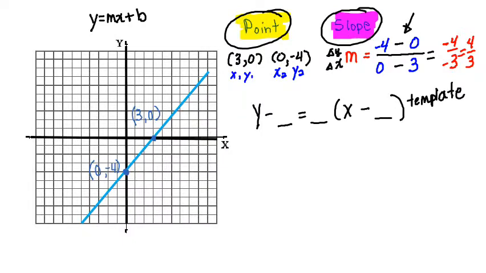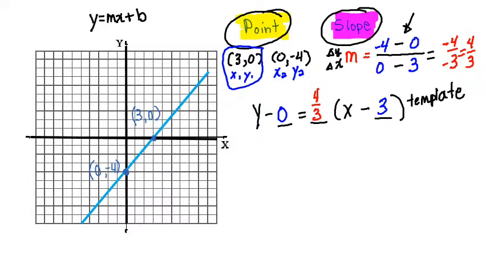And now I'm going to plug things in. I'm going to plug in my x's, my x and my y, and a slope. So you can pick either point, it doesn't matter. Let's go for something kind of easy peasy. These are nice positive numbers. So we put the x's with the x's and the y's with the y's, and then we plug in the slope, which is 4 over 3.